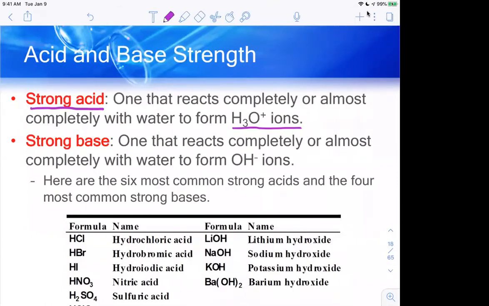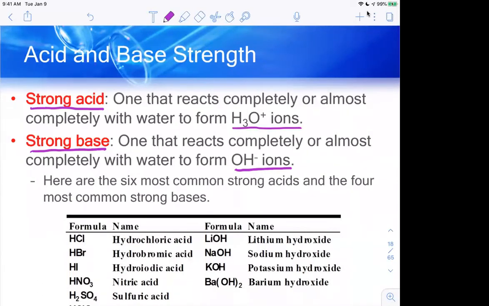A strong base is the same sort of principle. The strong base is one that reacts completely or almost completely to form these OH minus ions. So again, these are those bases which, when dissolved in water, are going to completely dissociate to form the cation and OH minus ion.